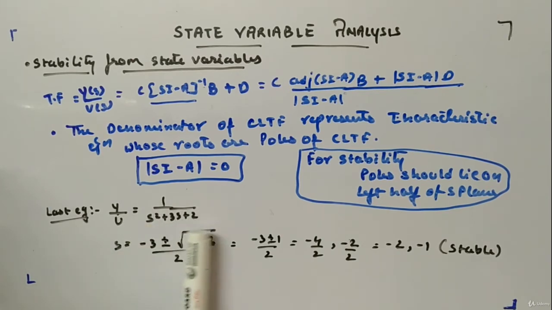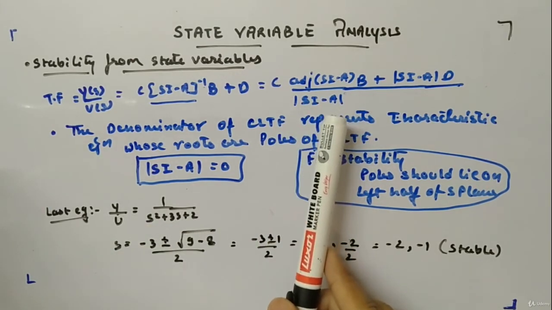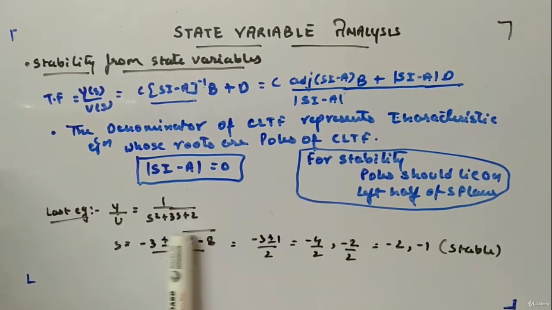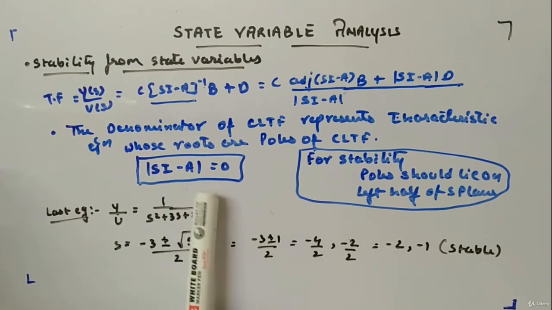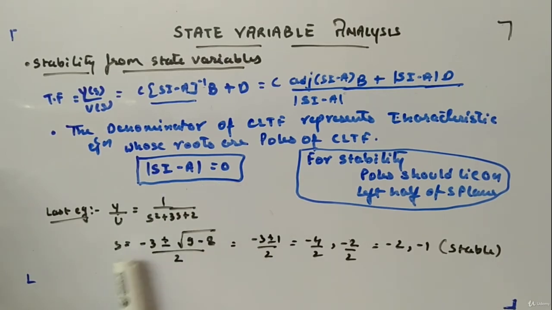Here you can see the denominator is representing the determinant of (sI minus A). This is what we calculated in the denominator. If I equate it to 0 and solve it, using the discriminant rule, s is equal to minus 3 plus minus under root b square minus 4ac. b square is 3 square, 9, minus 4ac. a is 1, c is 2, so 4 into 1 into 2 is 8.